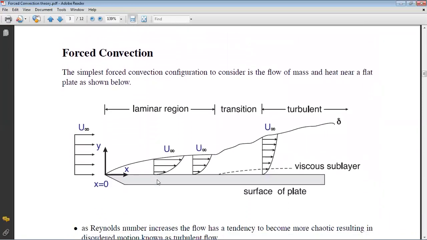Now, another important concept is the boundary layer. The formation of boundary layer is a very important concept. Essentially, a boundary layer will form when you have a flowing fluid over a surface.